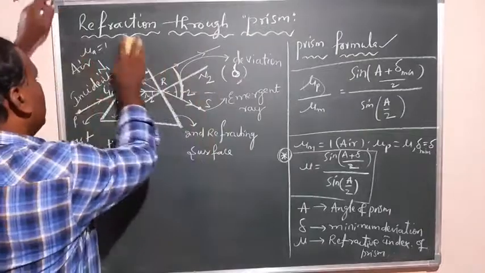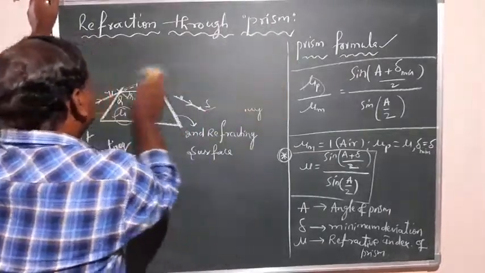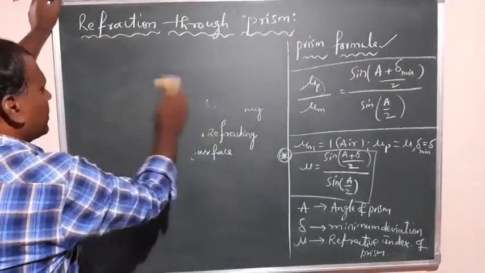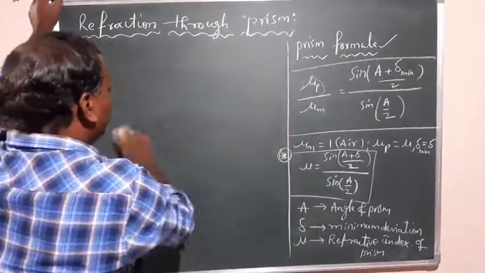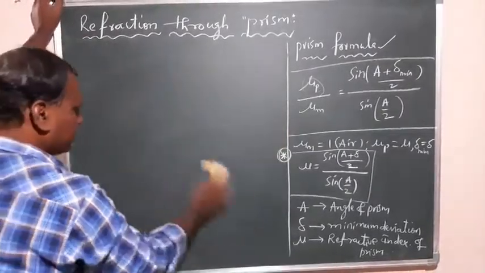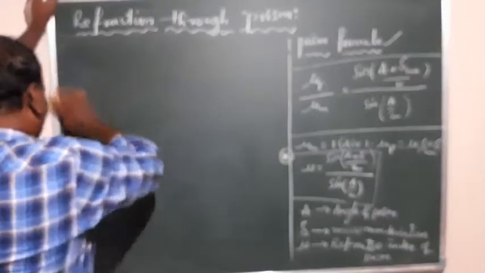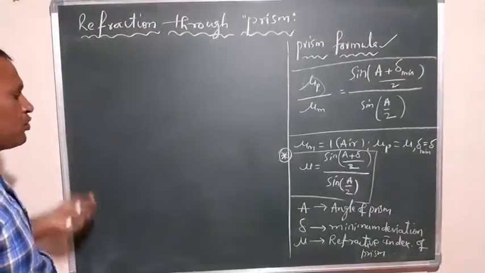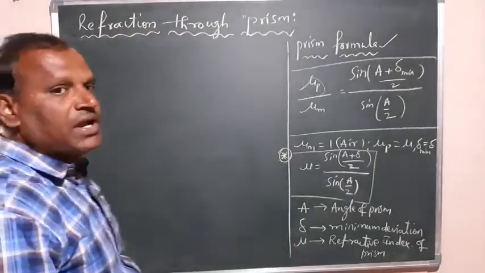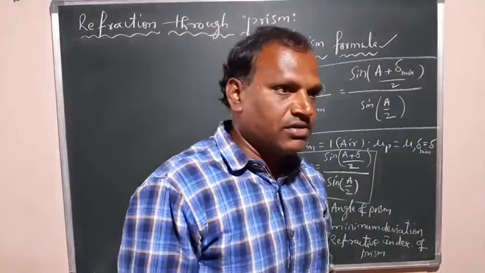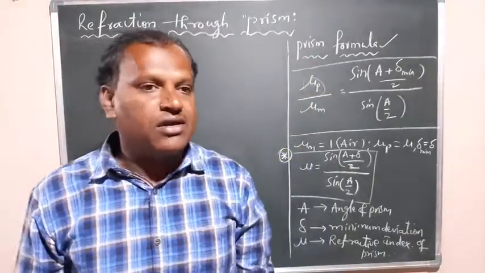Okay. Now by using this prism formula, prism equation, we can identify some important information. Whenever a ray of light is propagating through the prism, which ray is made to deviate more, red or violet or green or yellow?